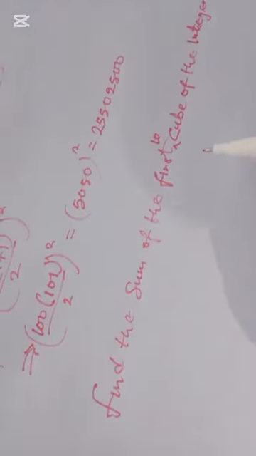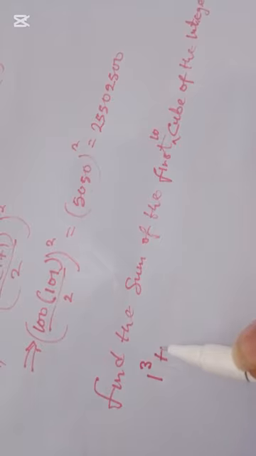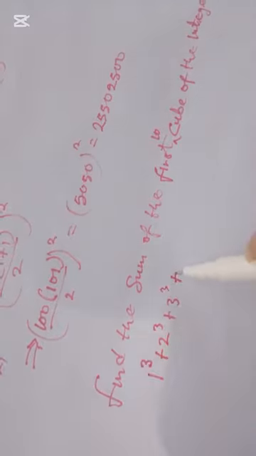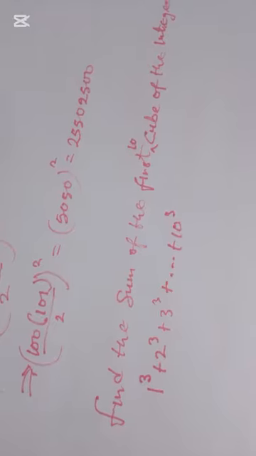This is what I'm trying to say. We are having 1 to the power of 3 plus 2 to the power of 3 plus 3 to the power of 3 plus dot dot dot plus 10 to the power of 3. Find the sum of this. What are we going to have? Let me know your conclusion in the comment section.